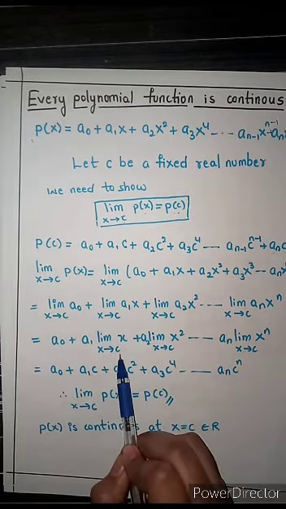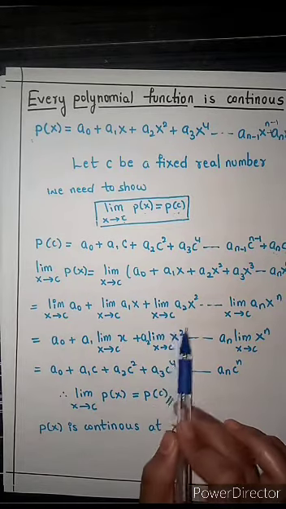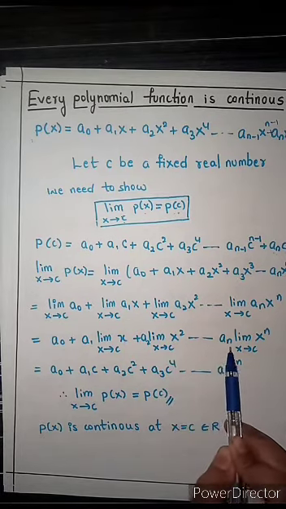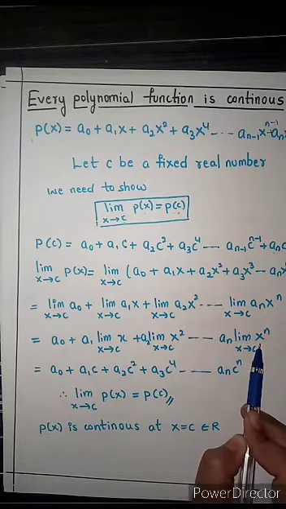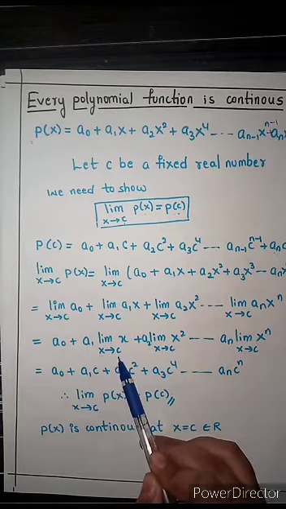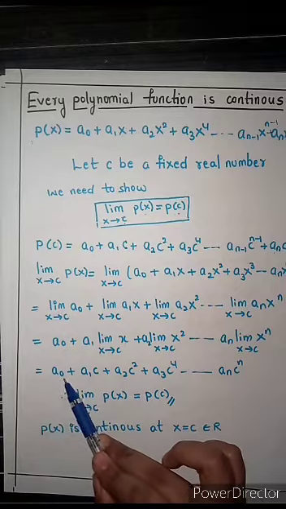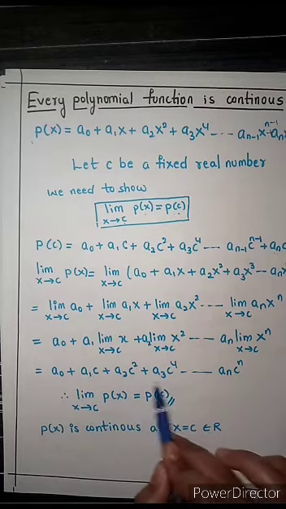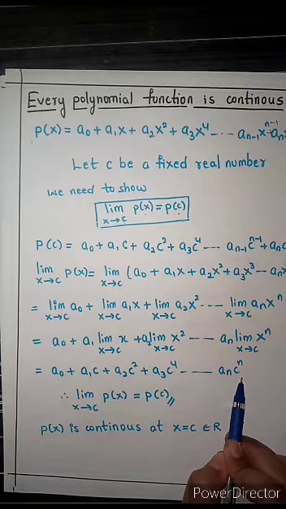A of 0 plus a of 1 limit x tends to c of x, a2 constant outside, limit x tends to c of x square, and so on, a n outside, limit x tends to c of x power n. Now as x is tending to c, put the c value here: a naught plus a1 c plus a2 c square plus a3 c power 4 and so on up to a n c power n.